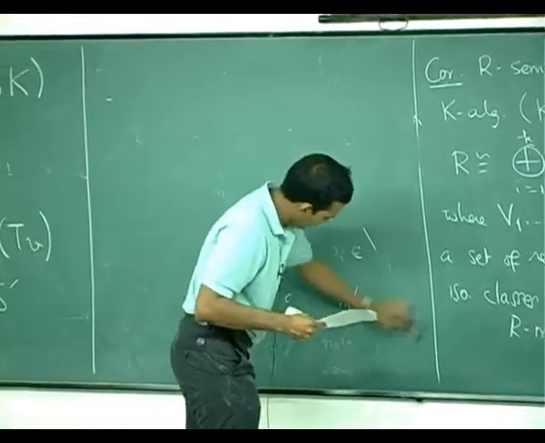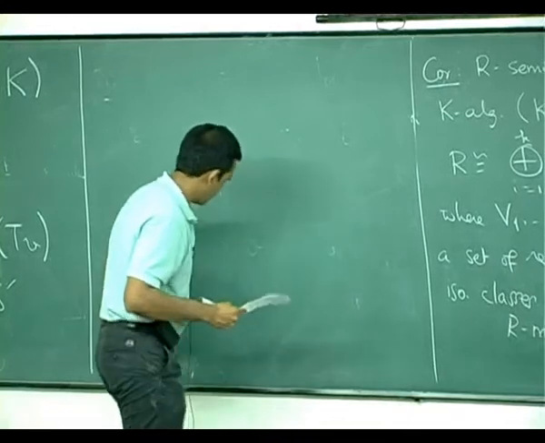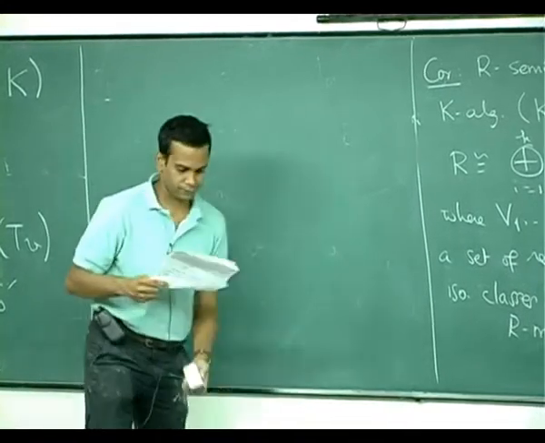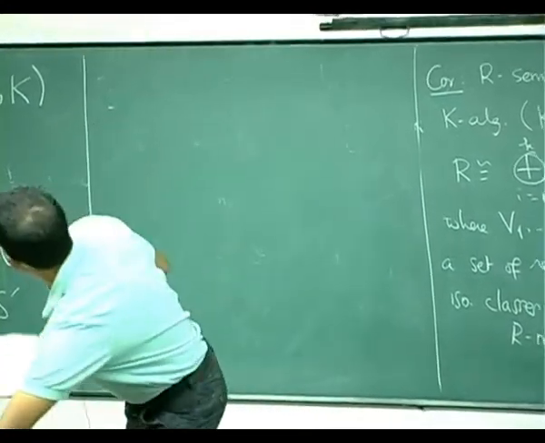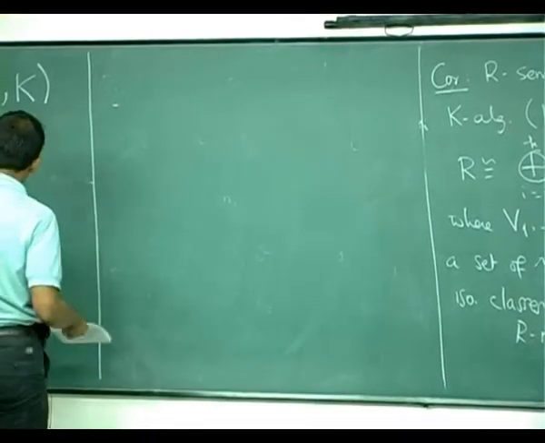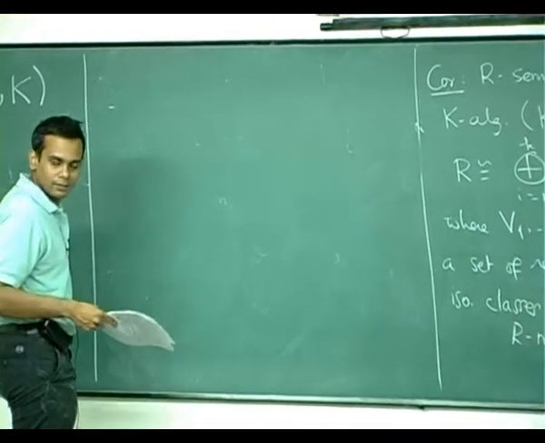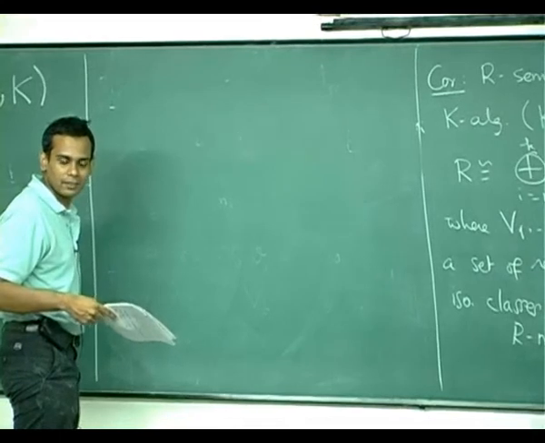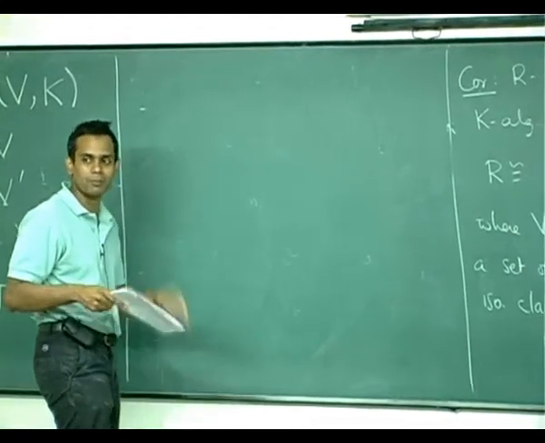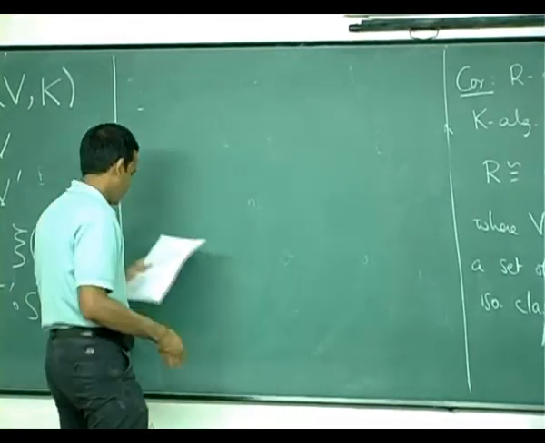Now you can define the contragradient of a representation. So this is again the basis free way of saying that the transpose is an isomorphism of a matrix algebra with its opposite.